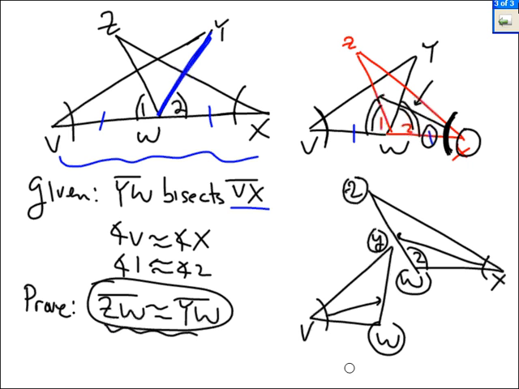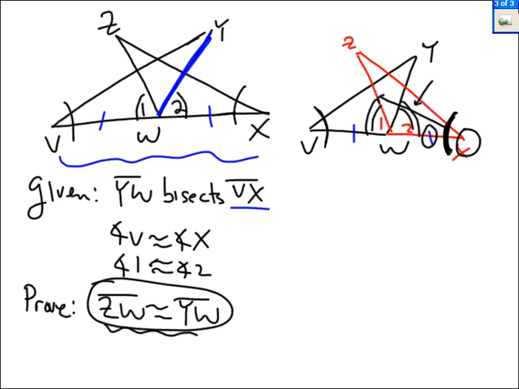So now our whole job is to show that these two triangles are congruent, write up the proof, and then to say that ZW is congruent to YW by corresponding parts of congruent triangles being equal.